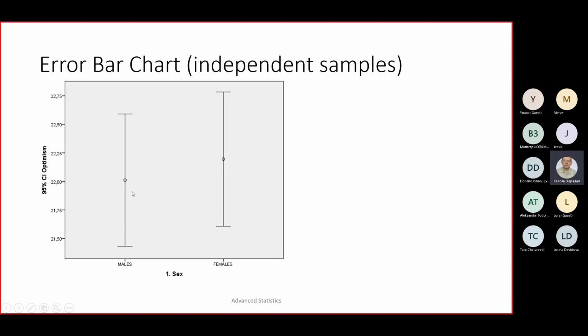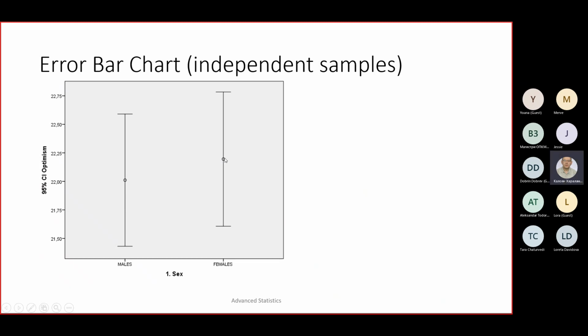In this chart, these points here represent the means, the mean of the males and the mean of the females. And these whiskers represent the error.